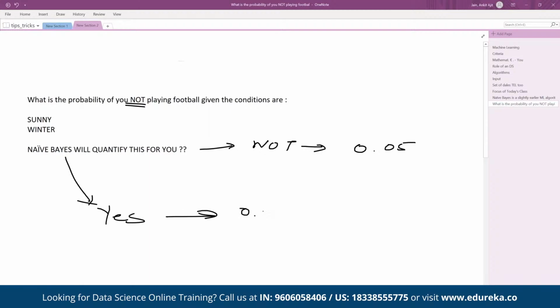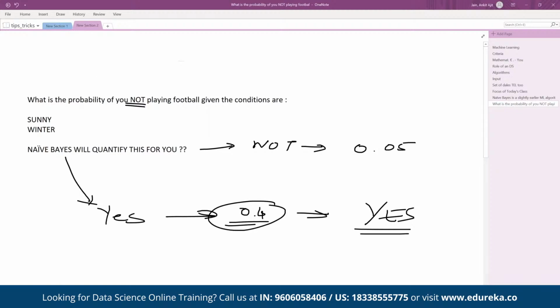Suppose it comes out to be 0.4. Who wins here? The yes wins here, right? So you will classify it as yes. The whole point is understanding how Naive Bayes can be used to quantify probabilities.